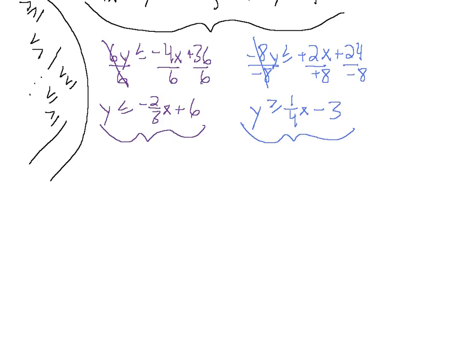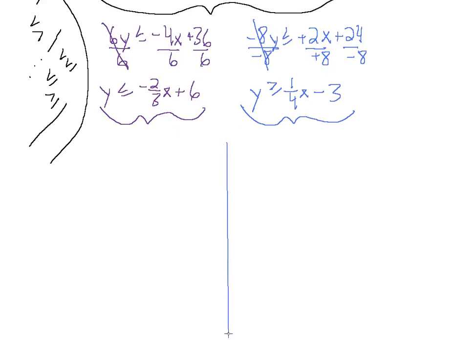So let's go ahead and graph these. Here is the y-axis, this is the x-axis, this is the positive direction for y, and the positive direction for x. Let's make some dashes here. I believe most of the points are going to be in the positive direction. Okay, so let's plot this.